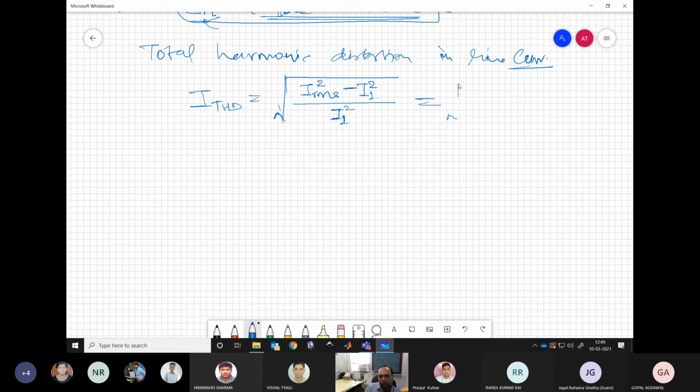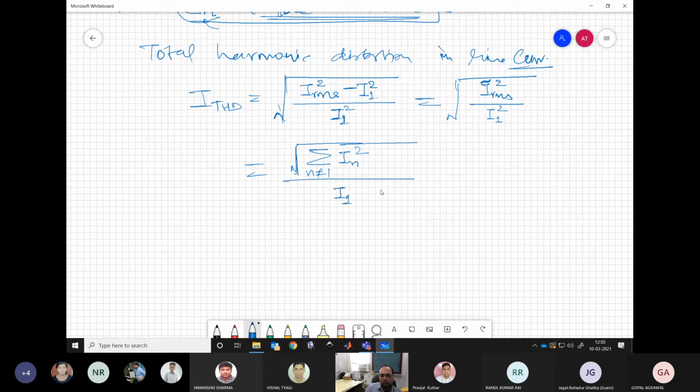It can be written in different terms as I_RMS of all the harmonics only, that means the ripple current RMS value, divided by the fundamental. This can also be written as the sum over all the harmonics, n not equal to 1, of In square, divided by I1, the sum of all the harmonic currents.